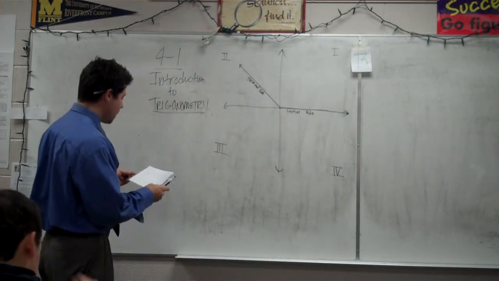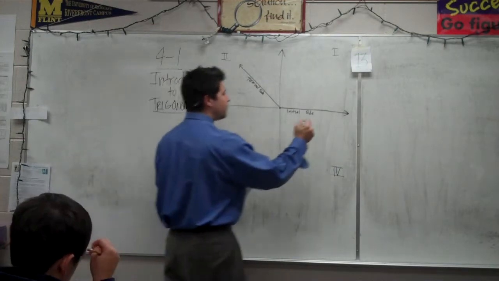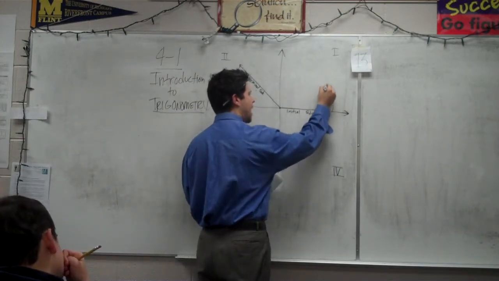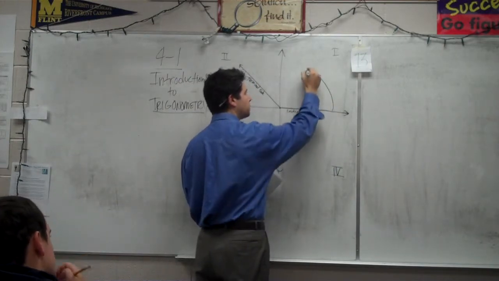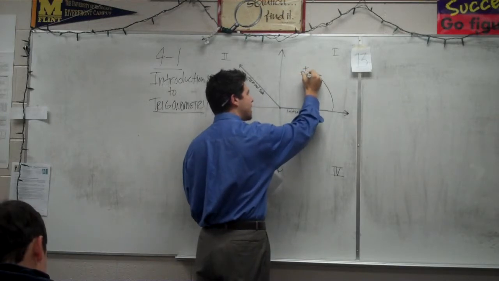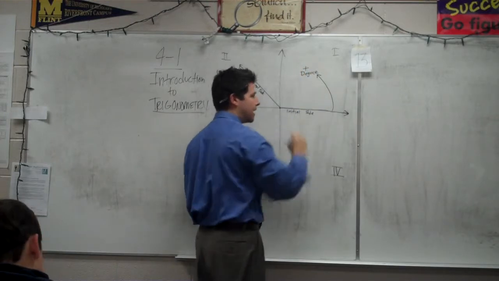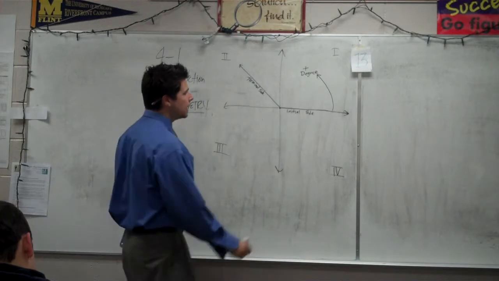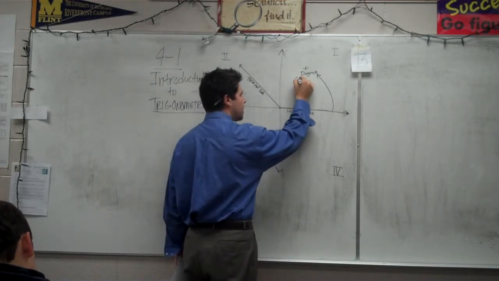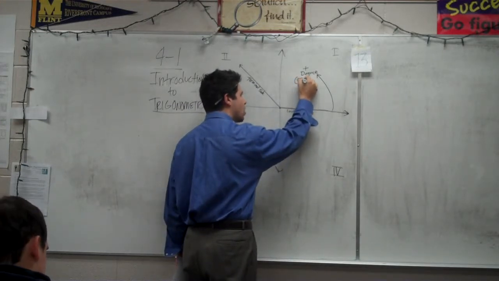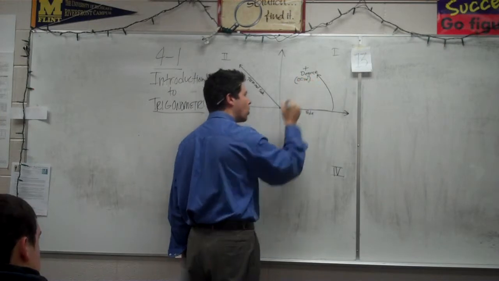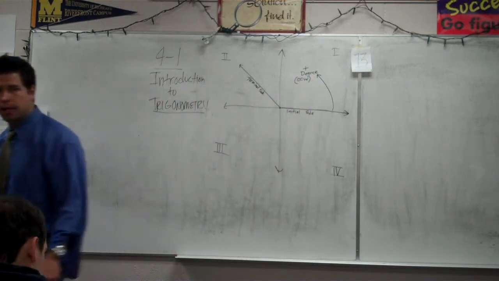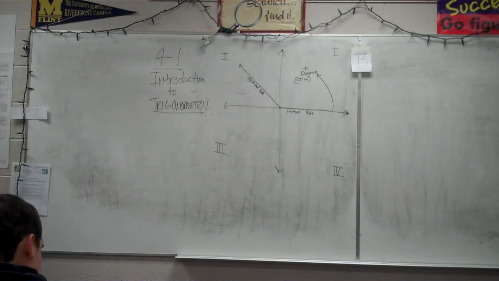Now, if we start here at the initial side and go in this direction, what you are going to have is a positive degree measurement. And let me notate it this way. If your angle is going CCW, or counterclockwise, you will have a positive angle.